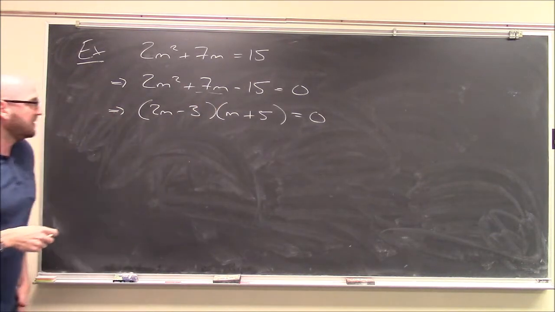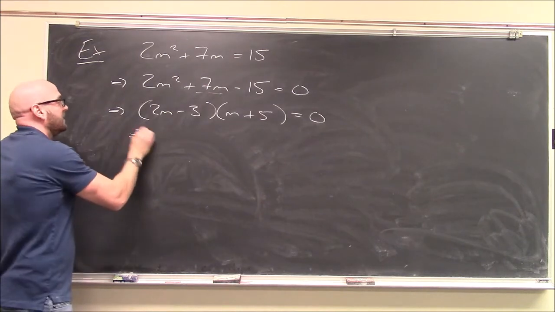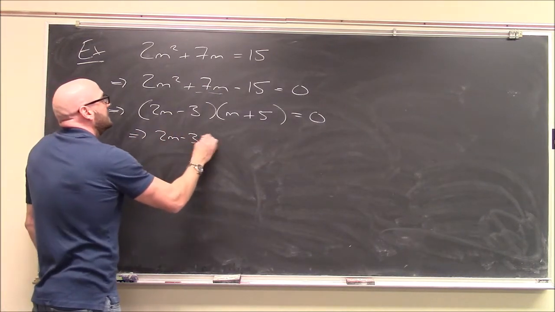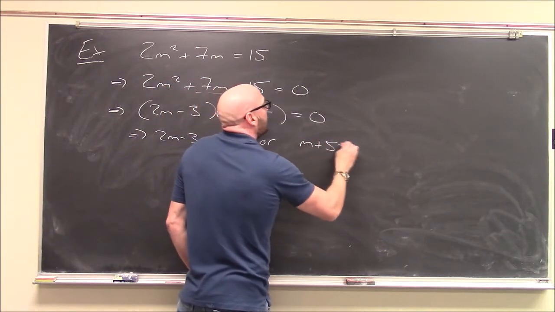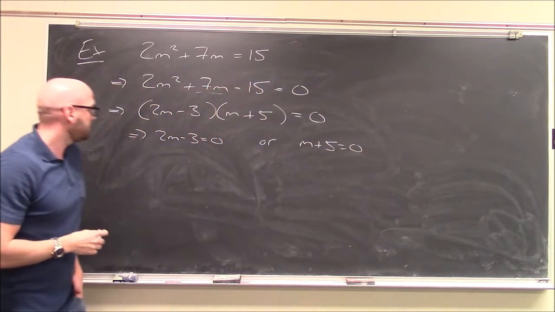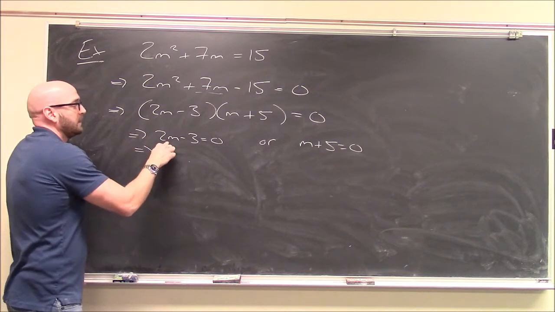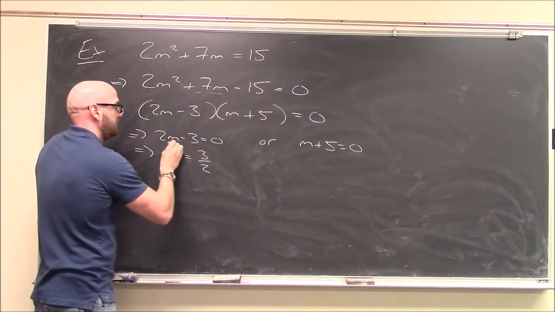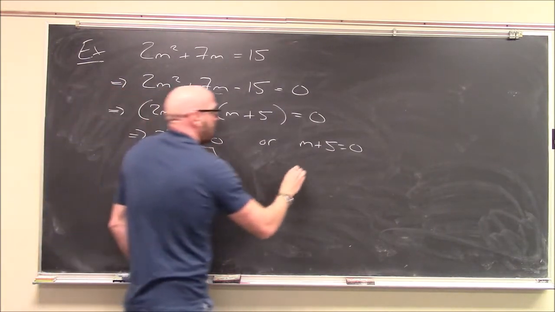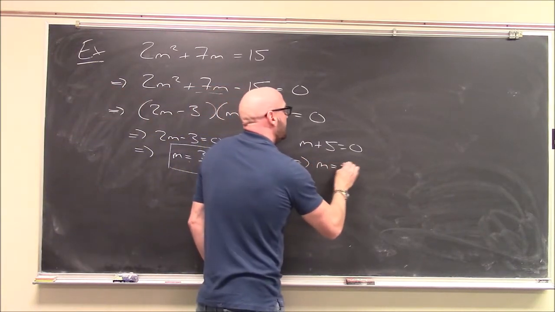So this does indeed factor like this. And then once again, this means 2m minus 3 equals 0, or m plus 5 has got to be 0. So solving this one really quickly, 2m equals 3, so m is 3/2, or m is minus 5.